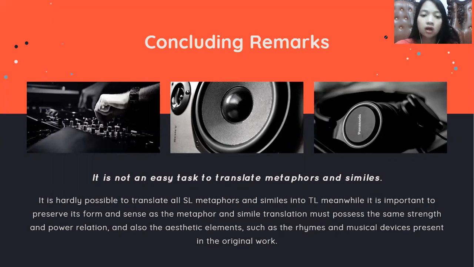Also the other important element is the aesthetic aspect, such as rhymes and other musical devices or other figurative language, if any, that is present in the original work, as it also reflects the style of the author in using word play. So we as translators cannot change the style of the author and we have to maintain it as best we can.